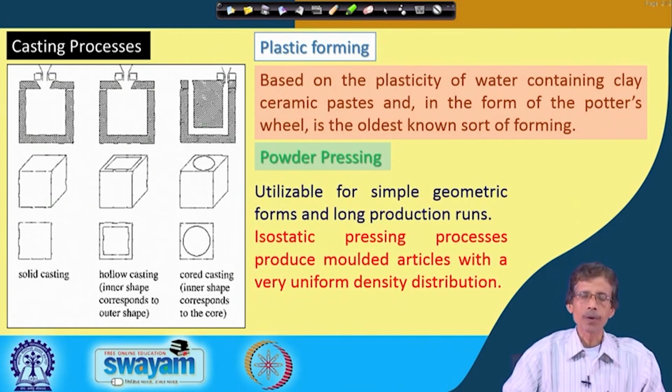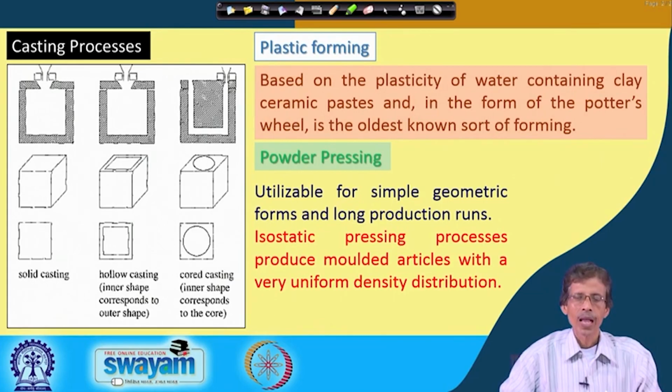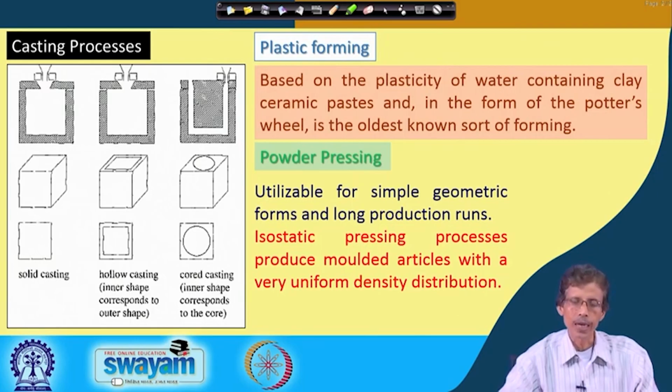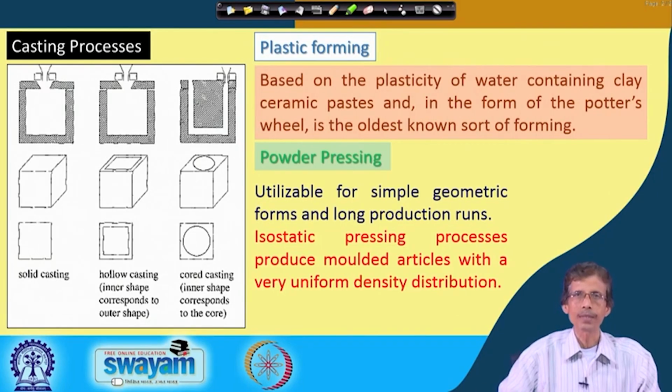Then another one can be the powder pressing process. Powder pressing is what we can utilize for simple geometric forms, that means the shapes are known, with some geometrical variety you can have, and for long production runs. So when the run time for that production is long, we can use this powder pressing process, and isostatic pressing can produce molded articles with a very uniform density distribution.